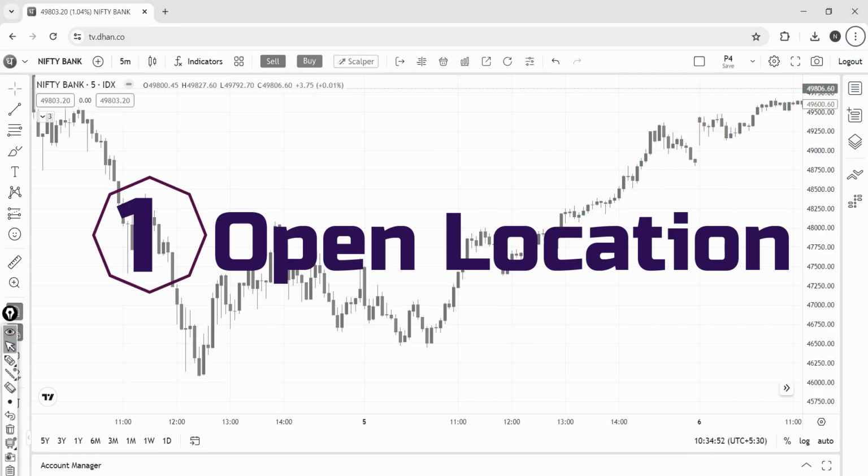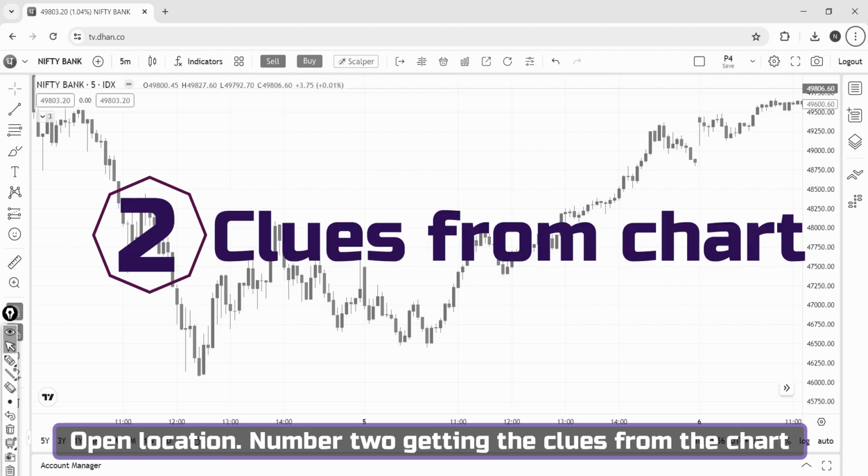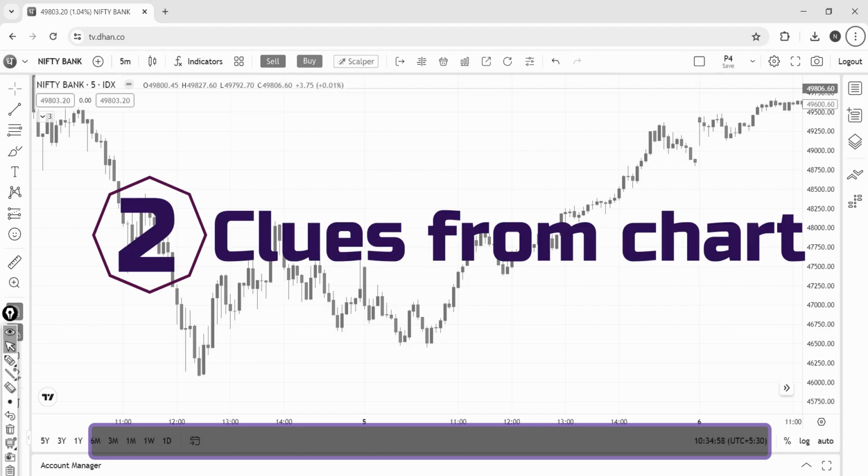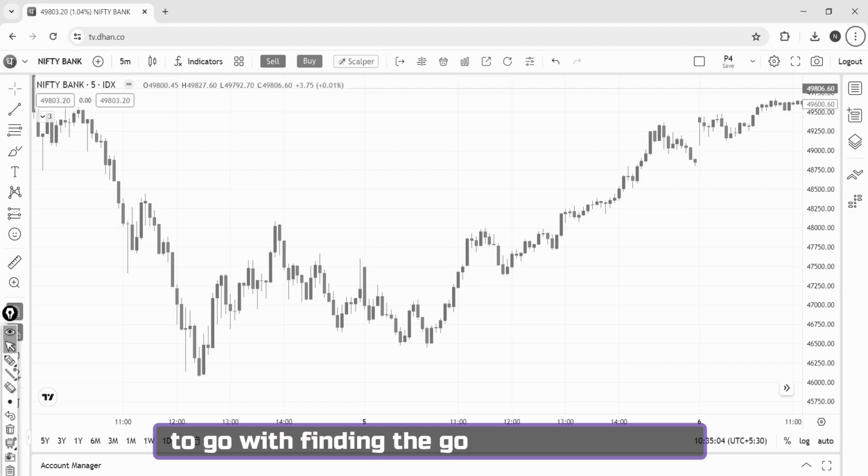Number one, open location. Number two, getting the clues from the chart for price action confirmation, with the goal of finding the gossips between the buyers and sellers to identify the strength.